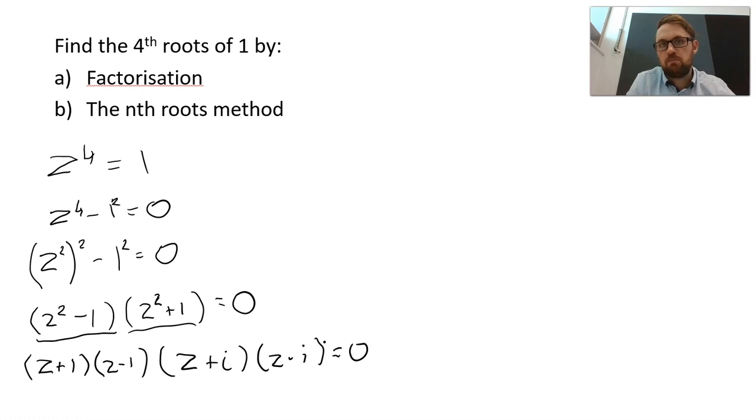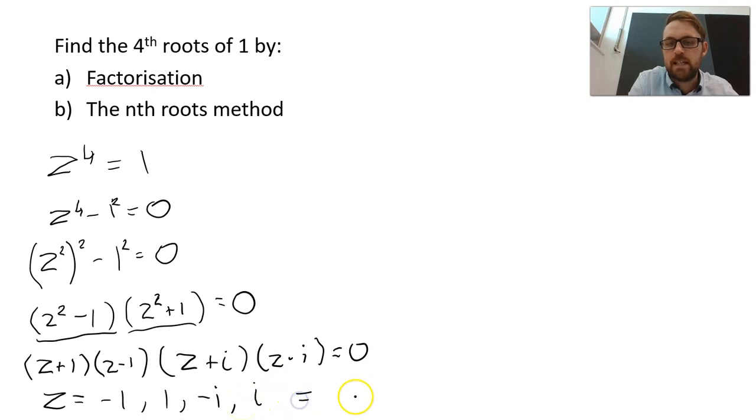This is just straight from year 10 maths, except now we've got some i's in it. What this means is that z equals -1, +1, -i, or +i. Because if you put -1 into the first part, -1 + 1, that's 0. If you put 1 into the second part, that's 0. If any of these numbers go in, they're going to make a total of 0. So we could rewrite this as z equals ±1 and ±i.